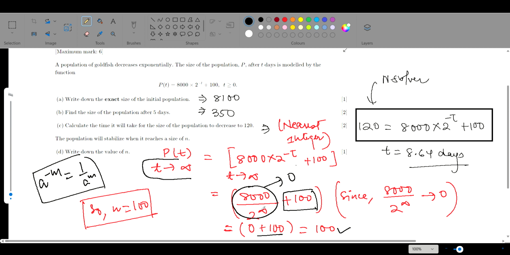So 2 raised to the power infinity is a very, very big number, and dividing anything by a very, very big number, the result will be 0. So adding 100 to 0, the result is 100.